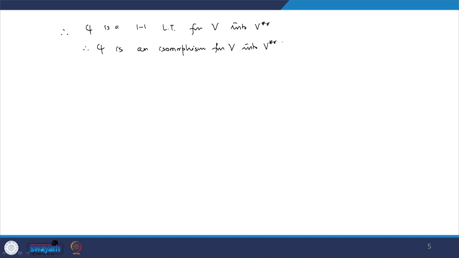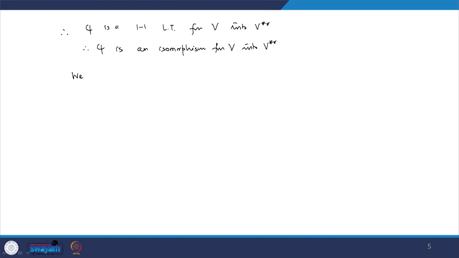Okay. So, we have seen there exists a 1 1 onto linear transformation from V to V double star. So, that is alpha goes to L alpha, we have this one. So, what we have achieved from this? Okay. So, let me clarify this once.